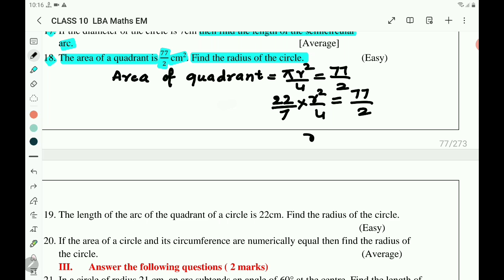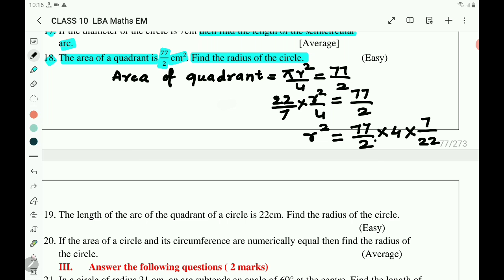So only r square remains in the LHS, equals 77 by 2 into, here 4 is in the denominator, it comes to the numerator, and 22 by 7 comes to the numerator as 7 and 22 comes to the denominator. Here you must take the reciprocal when it is transferred to the RHS.